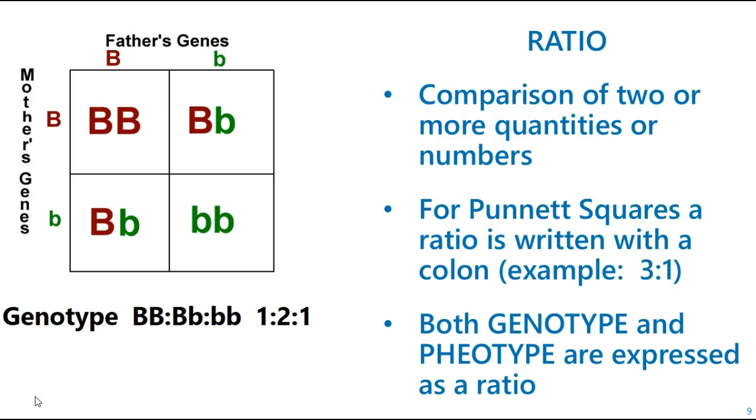So 1 homozygous dominant to 2 heterozygous to 1 homozygous recessive. If we look at phenotype, the ratio of brown to green offspring is a 3-to-1 ratio. We have 3 brown offspring and only 1 green offspring.